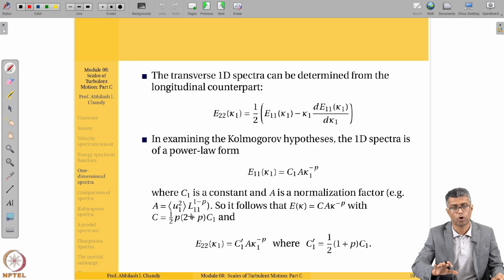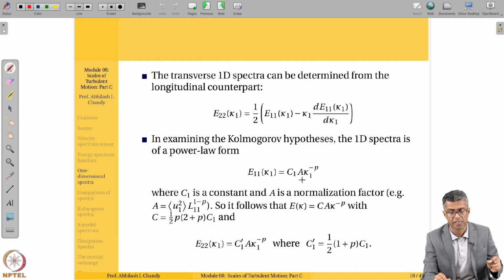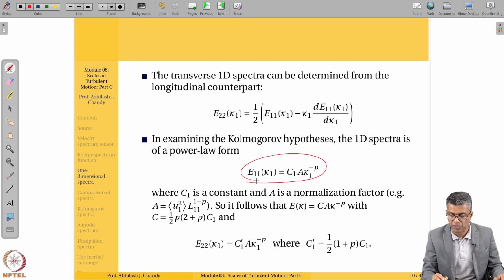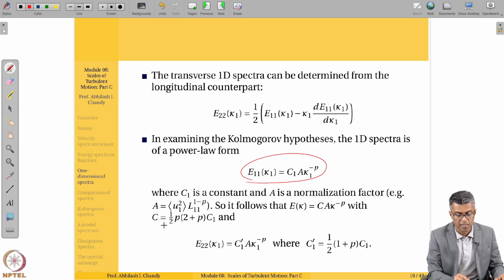So let's say there is some normalization factor so that everything matches. We have this constant multiplied by a normalization factor, and it would depend on the wave number, of course, so kappa 1 to the minus P. In that case, if your 1D spectra is this one, then your E of kappa is going to be C A kappa to the minus P, with C being equal to half P times 2 plus P times C1.